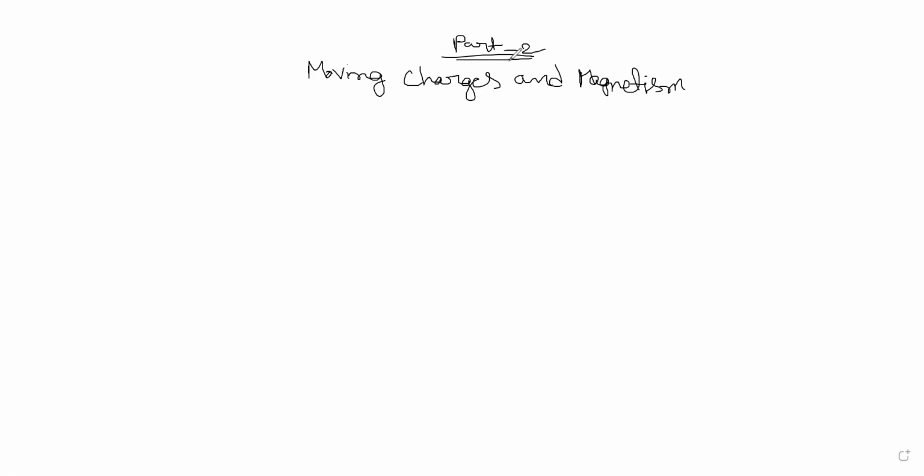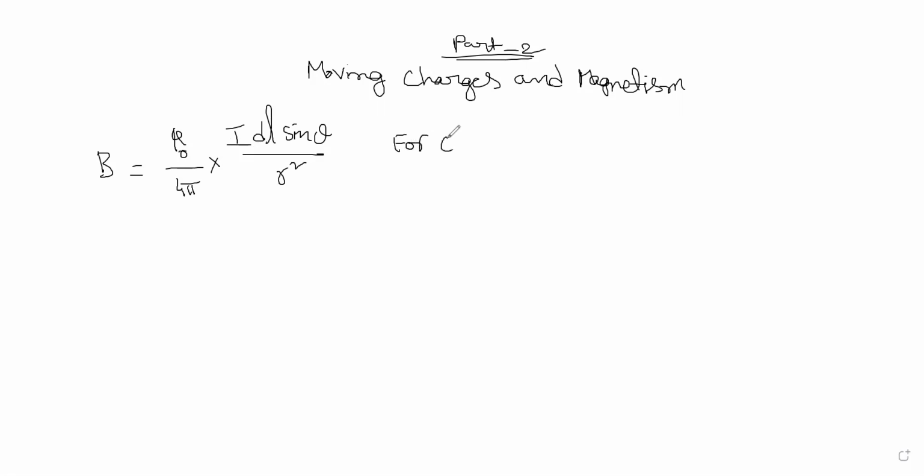So here, the second part of moving charges and magnetism. In the last class we discussed Biot-Savart's law, that's mu naught by 4 pi I dl sine theta divided by r square. This is where we are.